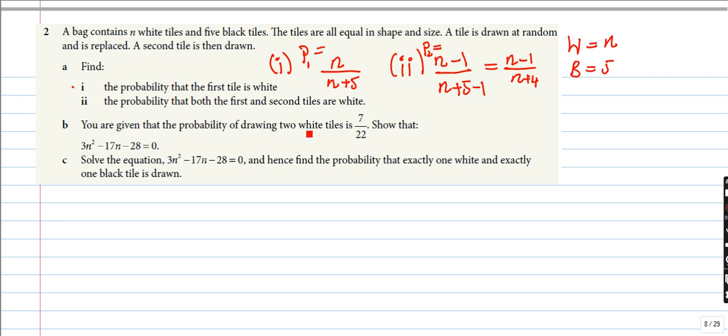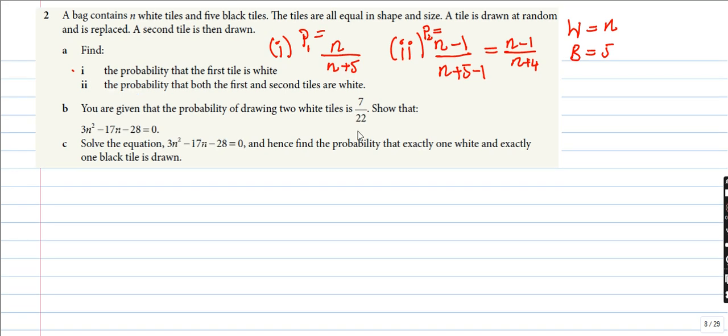Now you're given that the probability of drawing 2 white tiles is 7 over 22. Show that this is true. Well, before that, he's asking for the probability of the first and the second. When it says the first and the second, the combined probability is the multiplication of the two probabilities.